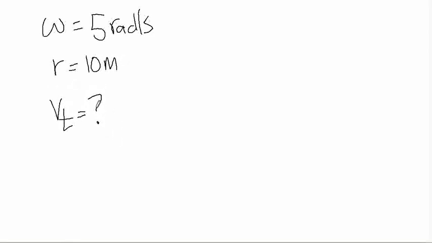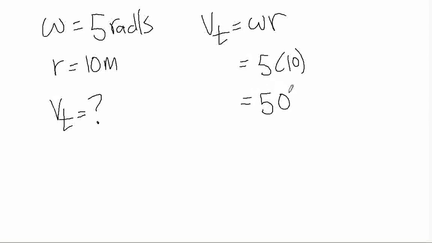That's the question I want to answer. Okay, I know that v sub t is equal to omega r. So for this situation, the object is moving in the circle with a speed of 50 meters per second.